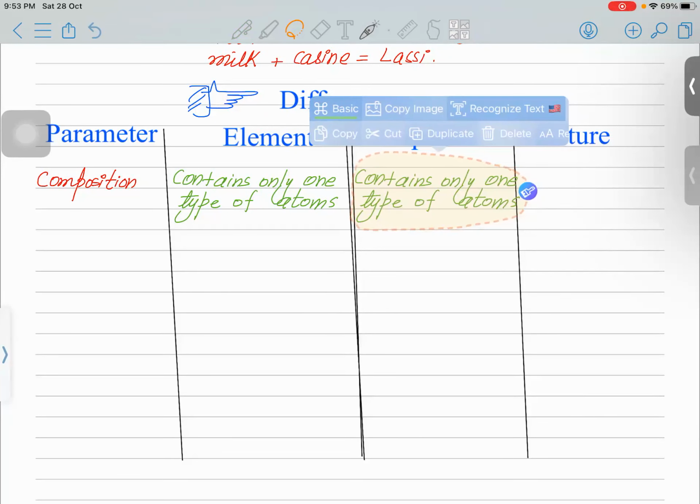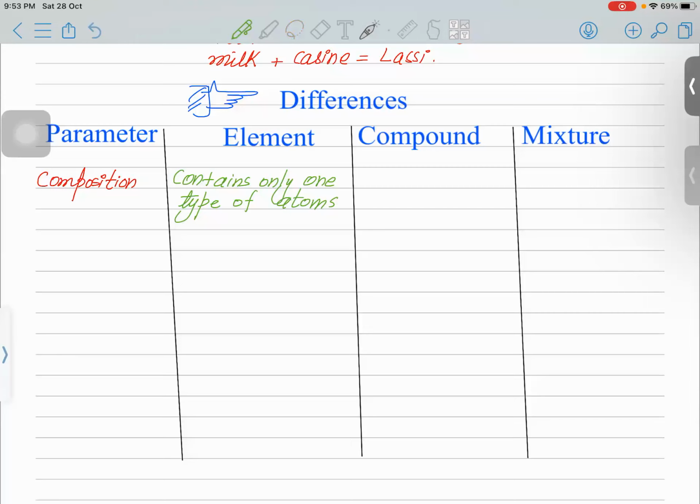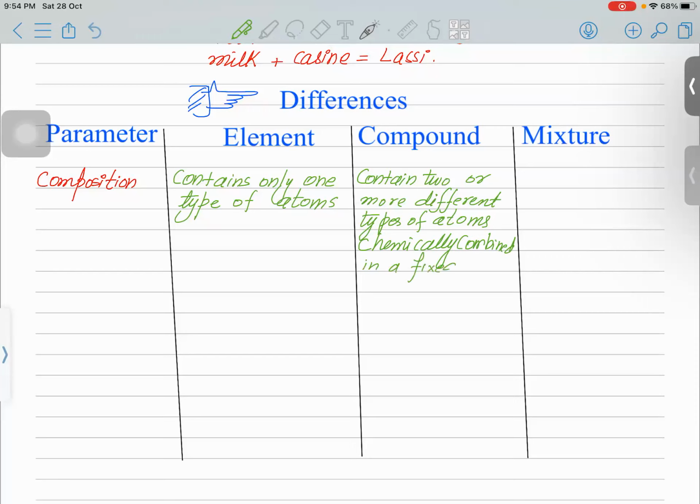So it contains two or more different types of atoms chemically combined in a fixed proportion.